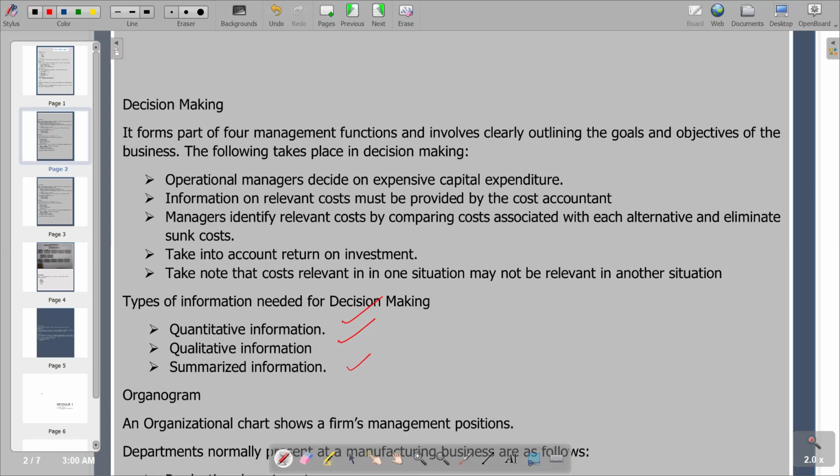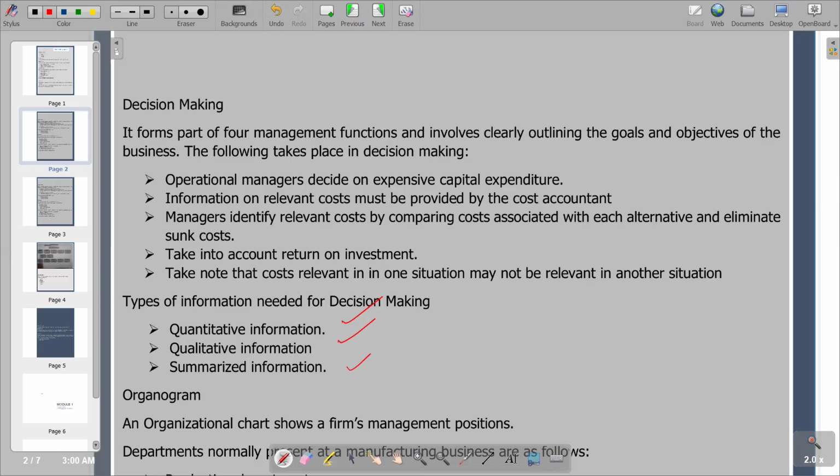Then lastly, we have summarized information, which is the usual information that is valuable to managers to pinpoint problem areas where the organization is not working as well as it should be. We have examples of information presented in the form of financial statements, like the income statements and the balance sheets. It's information that has been summarized.